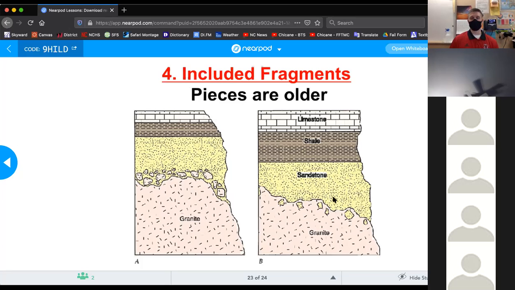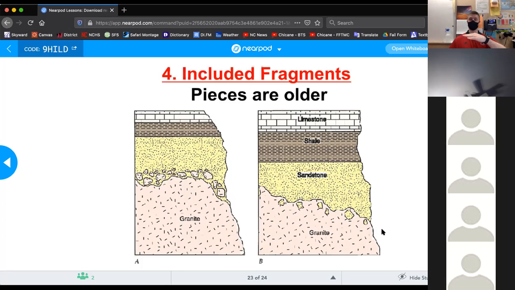The other one on the right, B, here you have sandstone, here you have granite, but now we have pieces of sandstone in the granite. So with that, you already had all of these rock layers, or at least the sandstone. So that means the granite formed as an intrusion.